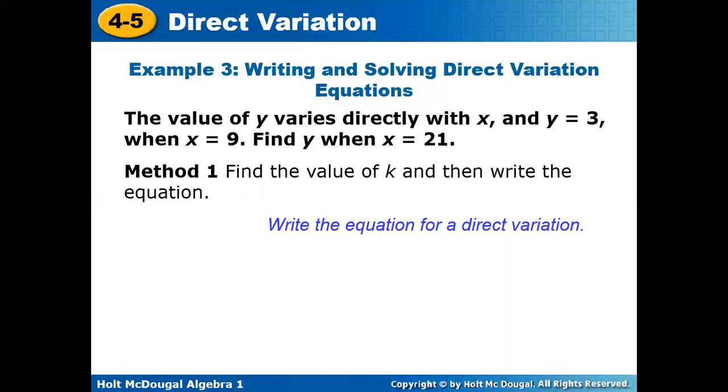We will write the equation first, the equation for a direct variation. We know that any direct variation, because in the question we can see that y varies directly with x.